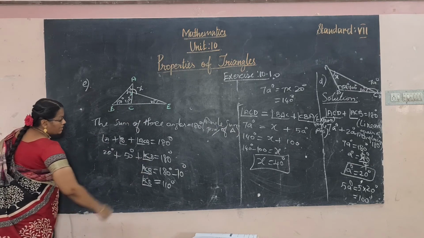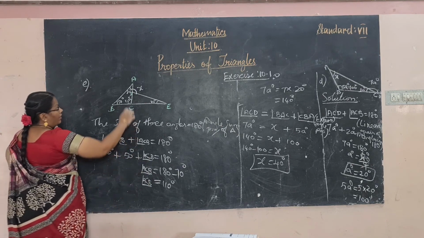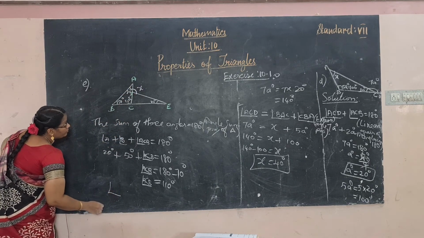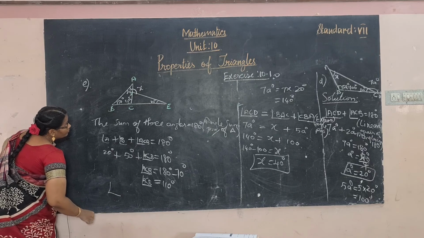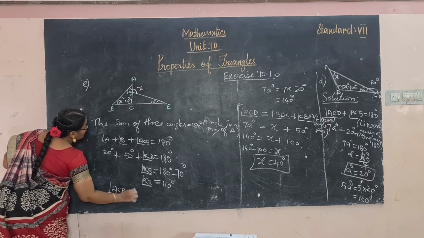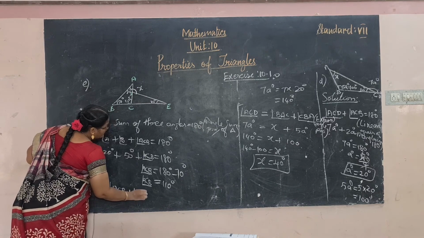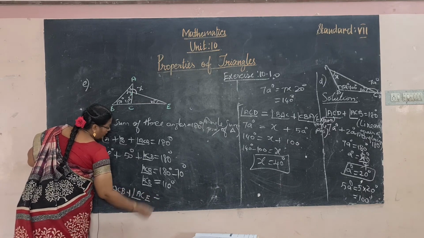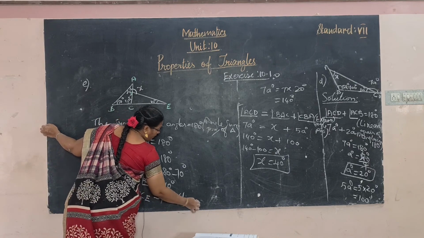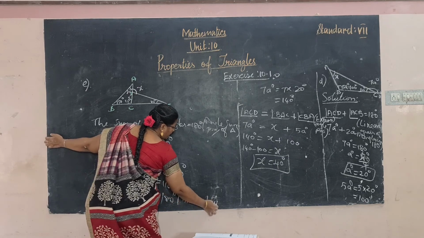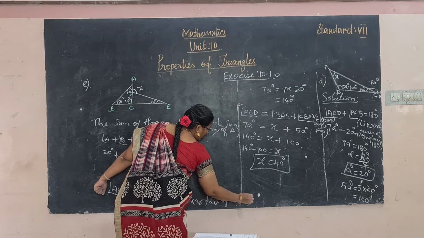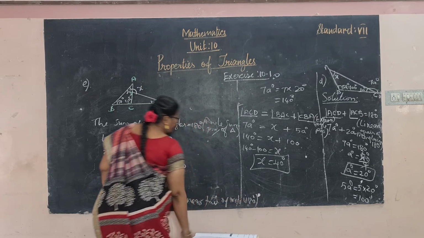So ACB is equal to 110. Now we find angle ACB plus angle ACE equal to 180 degree. Why? Because a linear pair of angles is 180 degree.